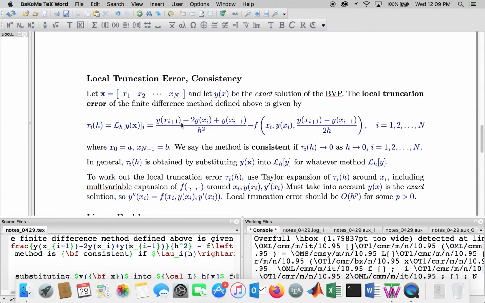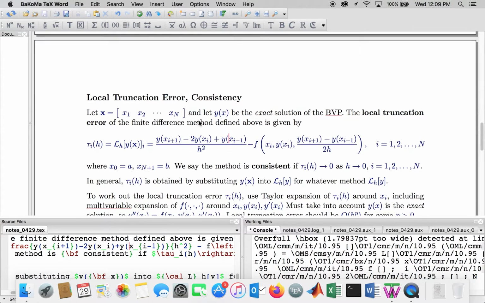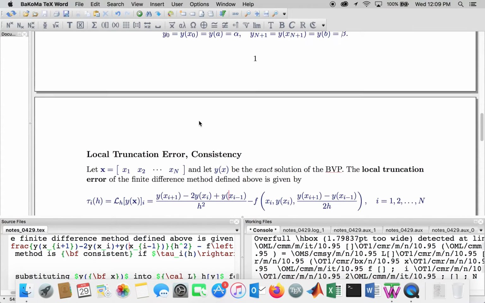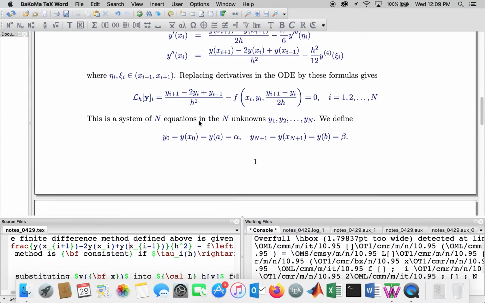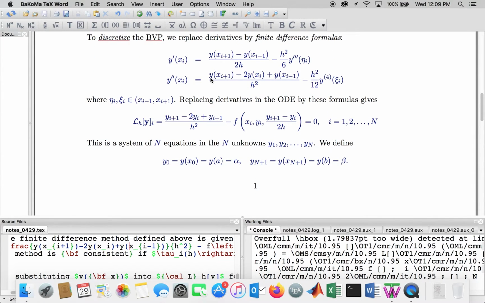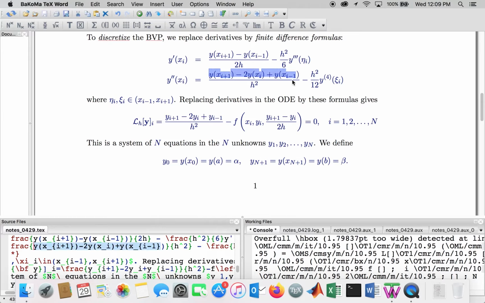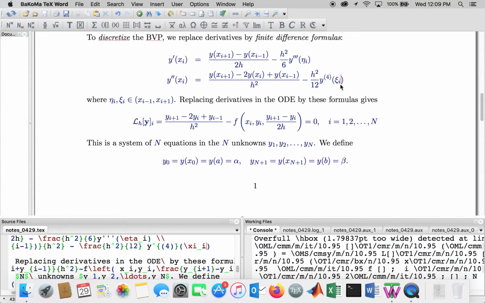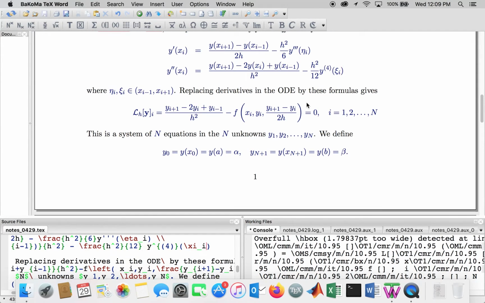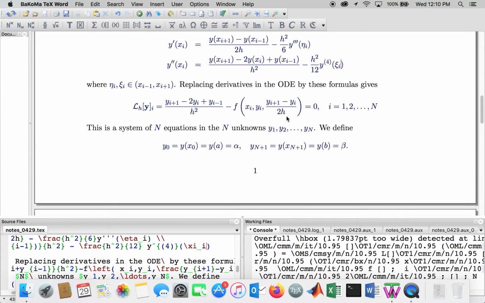But to save you some time in doing that, what you can do instead, and I feel like I have to scroll very carefully or the recording will stop again, is, see, this is already in your local truncation error, so you can replace this in the local truncation error by y double prime of xi minus this error term. So in other words, y double prime plus h squared over 12 fourth derivative of y. So that will save you a little time in your manipulations. Same thing for the first derivative.